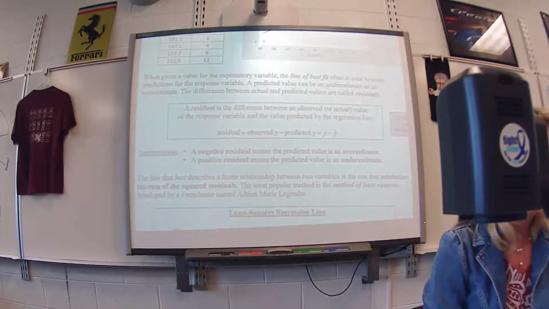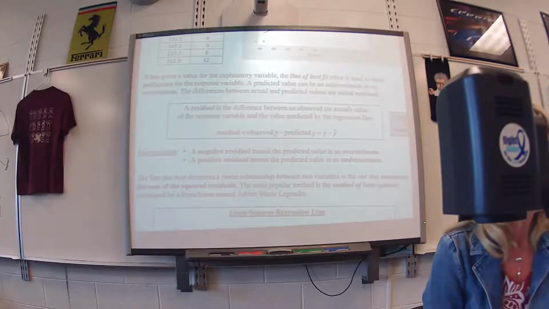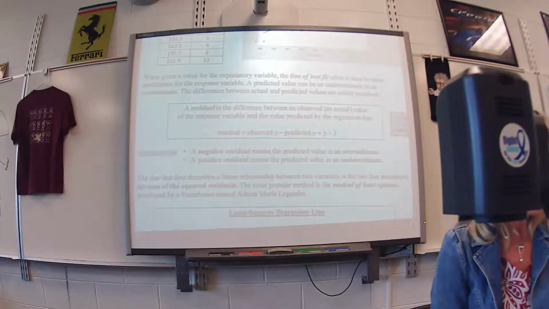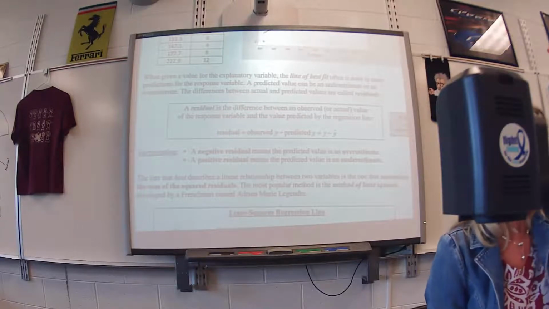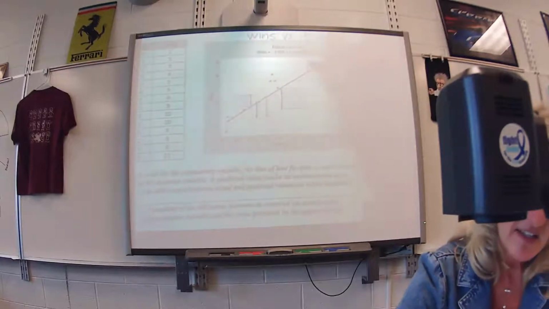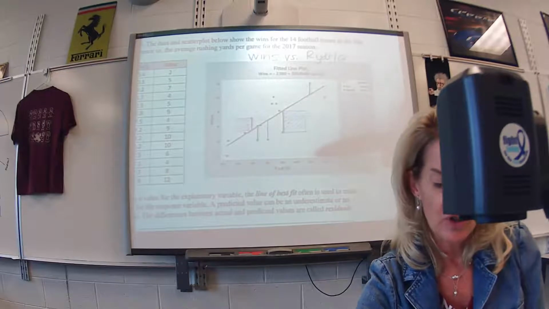And people get that backwards all the time. They think about a negative residual and they think underestimate. But no, if it's a negative residual, it means the actual y value was down here and the prediction was way up here. So the prediction was over. Compare that to this team right here. This team looks like about 220 rushing yards.